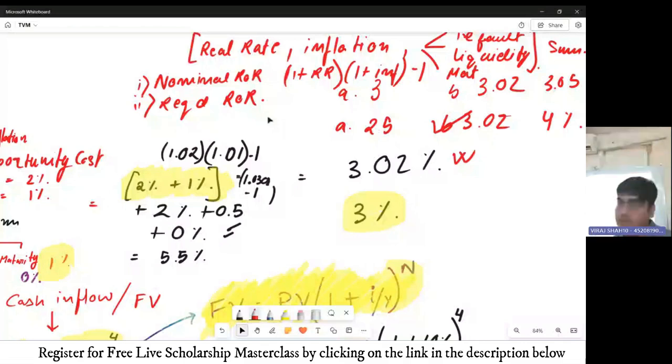Answer: risk-free nominal rate is equal to, then write this part: (1 plus real rate) into (1 plus inflation) minus 1, which is equal to, you can write approximately equal to or just equal to, (1.02) into (1.01) minus 1, which gives you an answer of 3.02%.